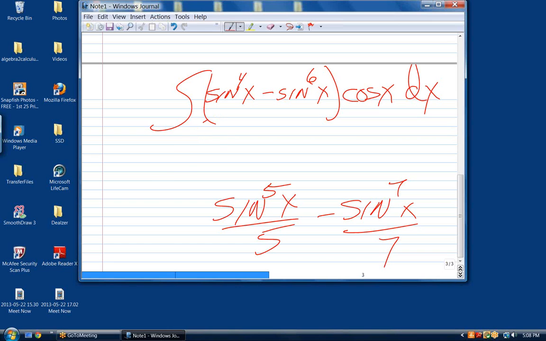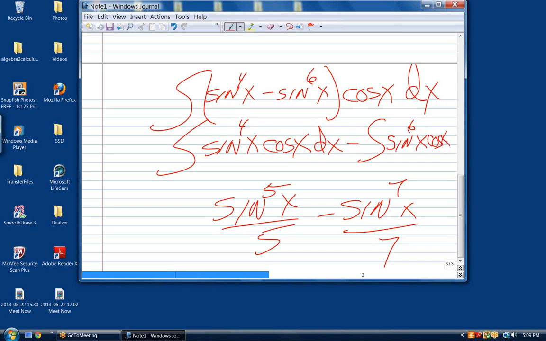This turns into sine fourth x cosine x dx minus sine sixth x cosine x dx. So the cosine acts as the derivative of the inside in both cases, so I can use the power rule just with that and this.